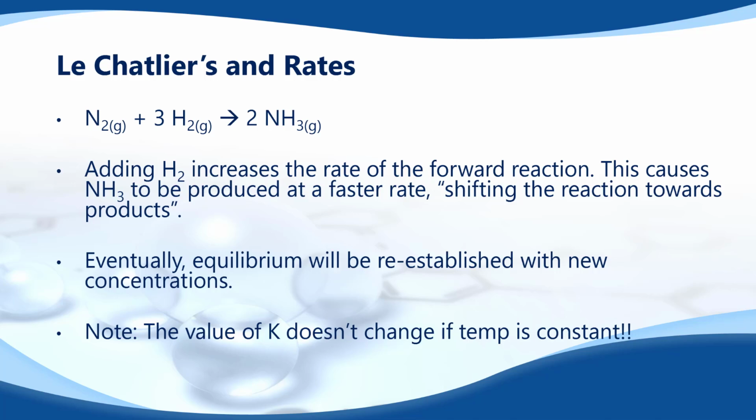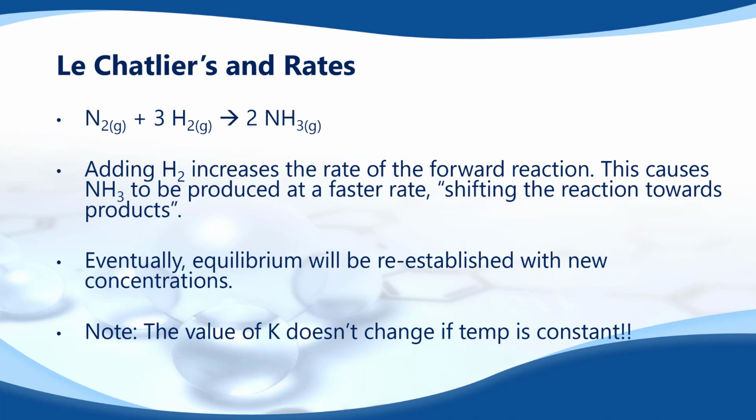And we'll think about this in terms of rates. If we pump in more hydrogen, so if we have an equilibrium mixture of ammonia, hydrogen, and nitrogen, adding more hydrogen increases the concentration of the reactants. That means that the rate of the reaction is going to be faster because rate law is determined by concentrations. So if the forward reaction is going faster than it was previously, we're going to start producing more and more NH3.